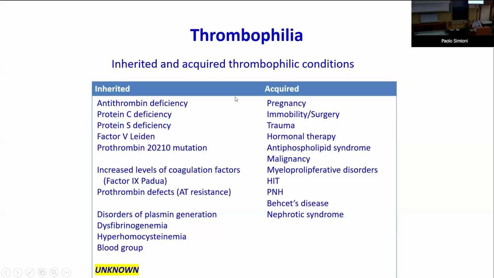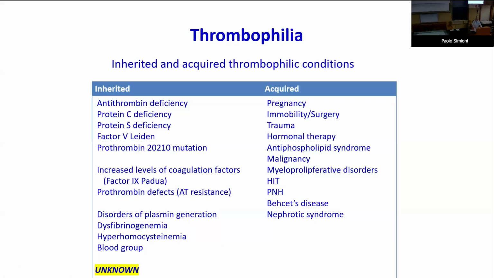The other thing is the acquired conditions. I think that you may know that cancer is associated with thrombosis. There is a strong association between cancer and thrombosis, but also some other milder conditions that can predispose to thrombosis are important to mention, such as pregnancy and oral contraceptive treatment.